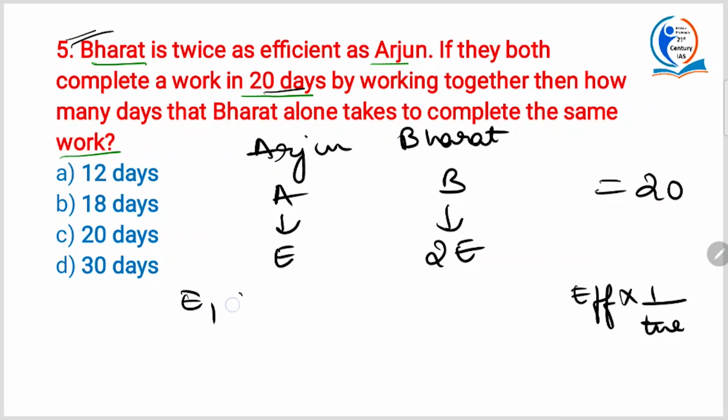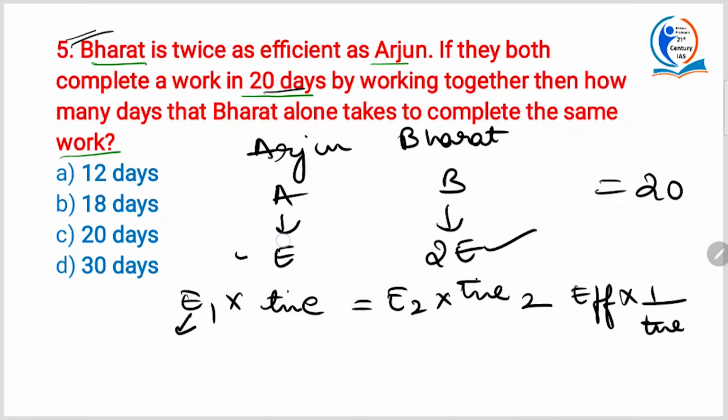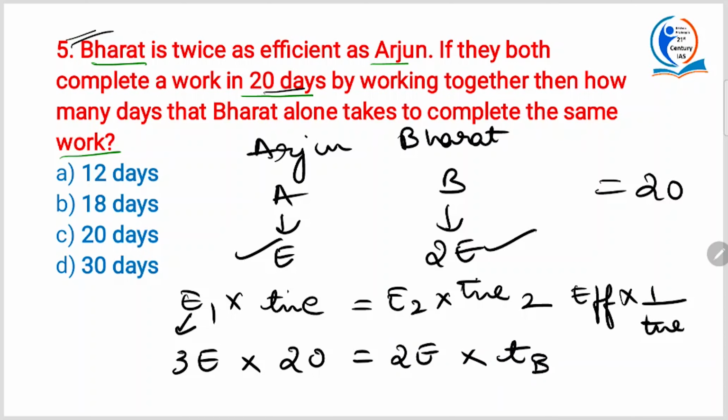In that case, E1 into time 1 is equal to E2 into time 2. Now, what is E1? If they're together doing the work, what is efficiency? This fellow's efficiency plus this fellow's efficiency, right? So 3E into 20 is equal to, what is E2 here? It is Bharat's efficiency alone. That means 2E into time taken by Bharat. Now, E will get cancelled. 2 ones are 2, 2 tens are 20.